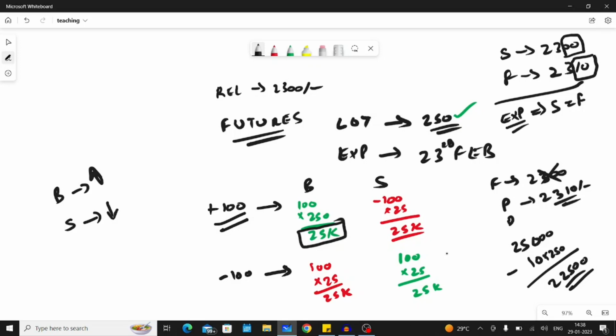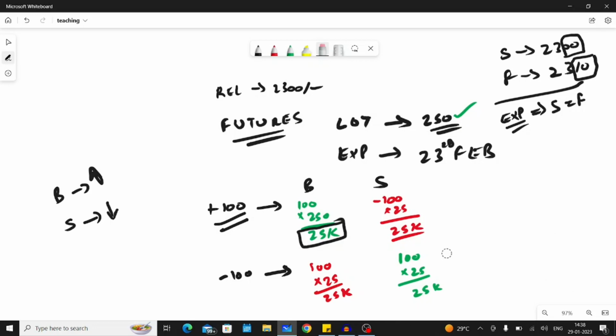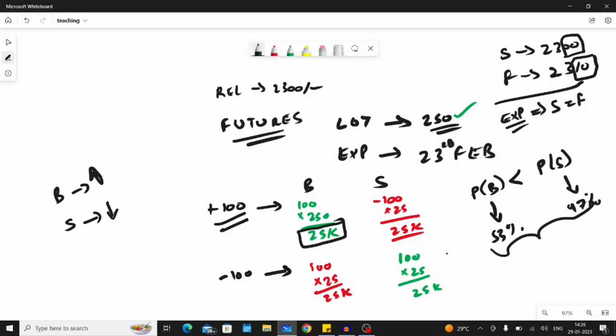Now if we consider the probability, the probability of the buyer will be less than the probability of the seller. So let's say the probability of the buyer is around 53%. The probability of the seller will only be 47%, given the futures is traded at a premium.